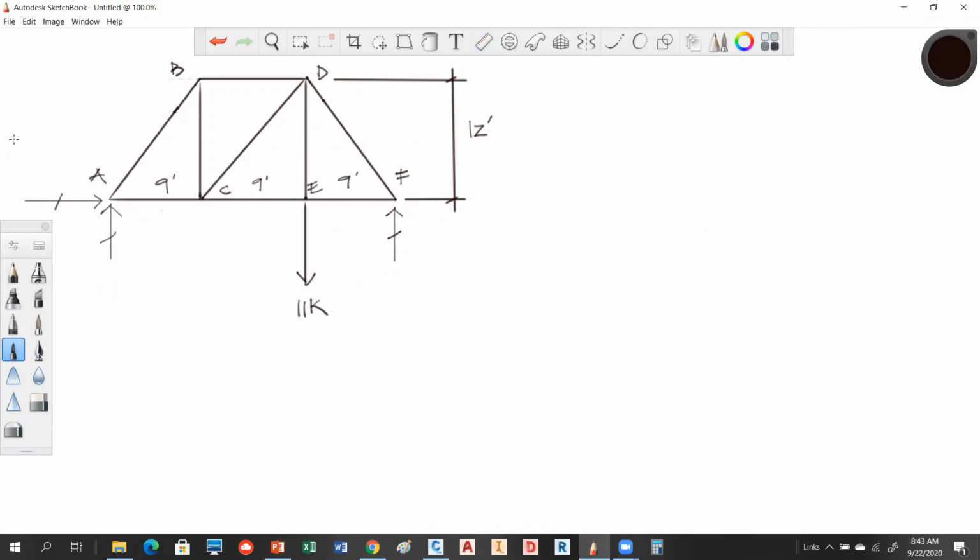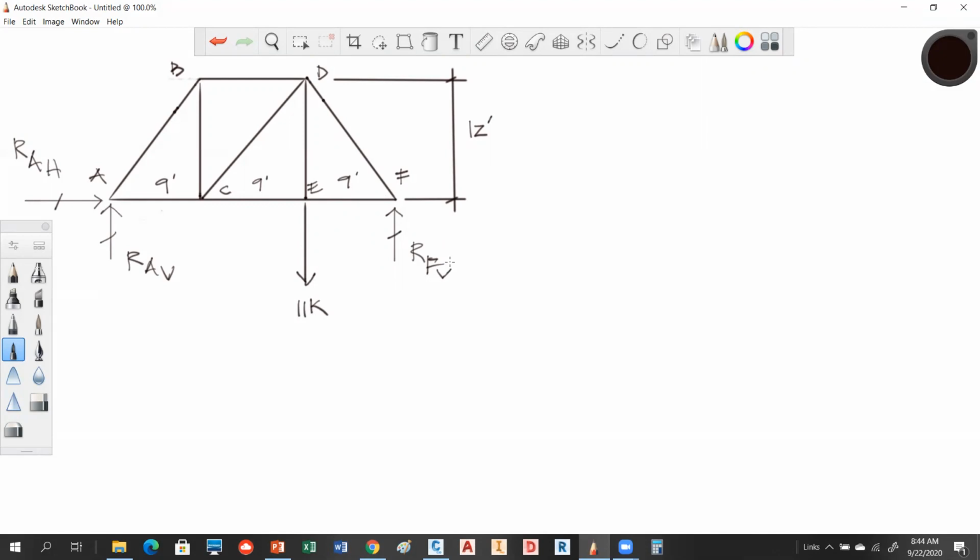So we'll go ahead and call this reaction AH, reaction AV, and reaction FV. Is everybody okay with what I've got so far? Yes. Okay. So this is what we didn't do too well on. So let's make sure that we know what we're doing here.